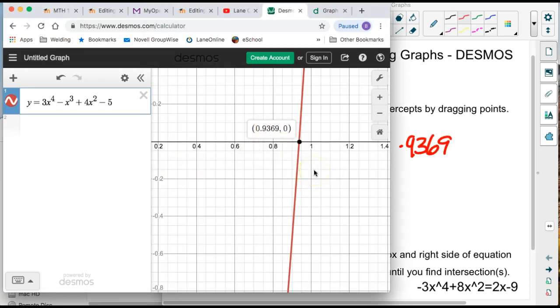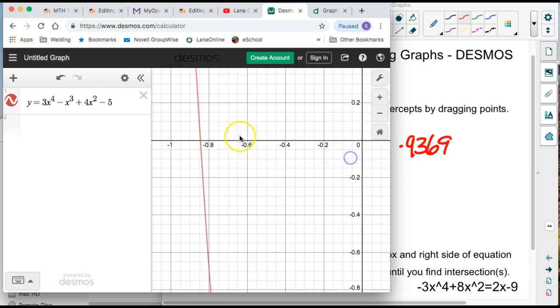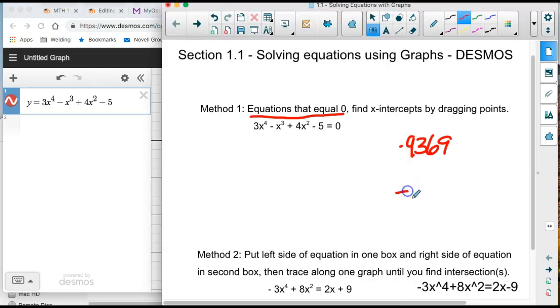Then if we move back to the other point on DESMOS, we drag it over here, we can get 4 decimal places, which is negative 0.8457. Negative 0.8457 is our second solution.